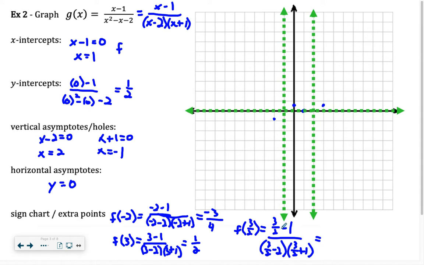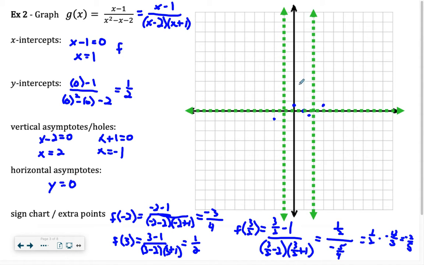So that's going to get me 1/2 over negative 1/2 times 5/2, so negative 5/4. So 1/2 times negative 4 over 5 is going to be negative 4 over 10, or negative 2 over 5. So that's going to be down here.